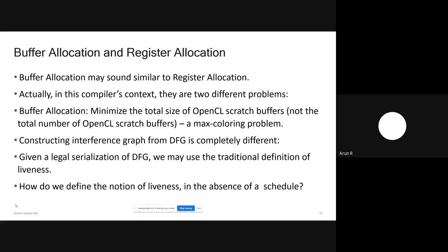For instance, if two operations are parallel in the data flow graph, then the compiler will always assume that they may be executed in parallel, because it cannot control the schedule.